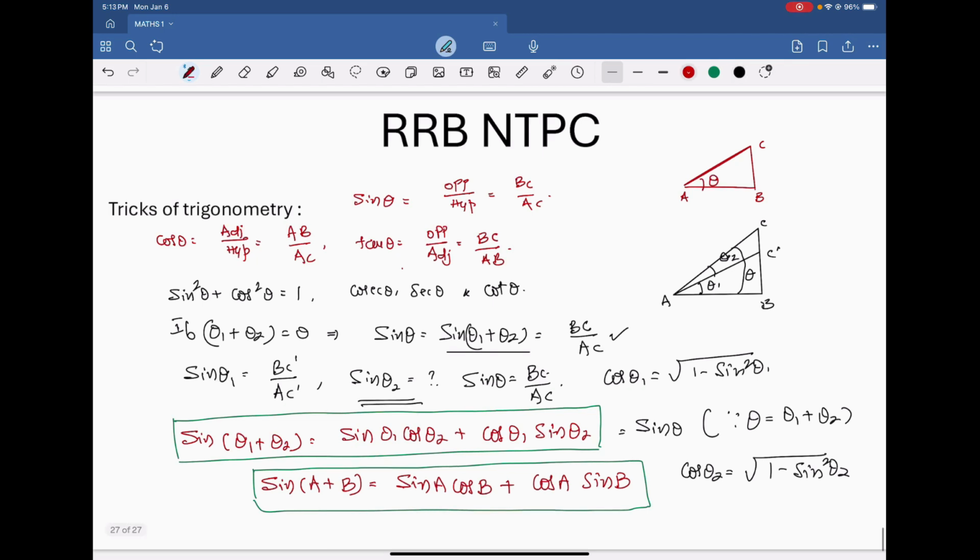This is a very, very important relation, and as a homework, I want you to prove the above identity geometrically. I have given a hint about the analytical solution. Please try to prove it geometrically.